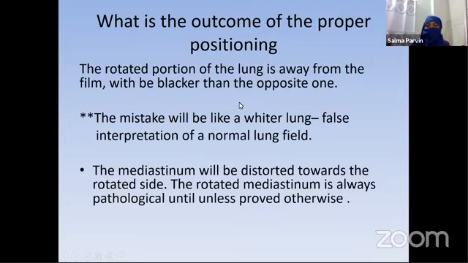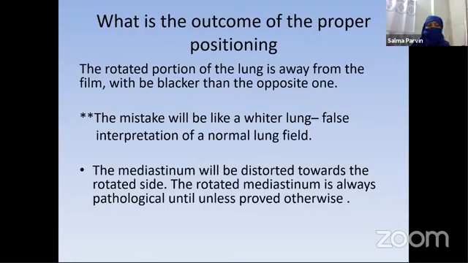Whenever you have no optimum positioning, or the positioning is improper, it means the patient is not standing properly at a central position. He or she might be losing any half of the body from contact with the X-ray film.